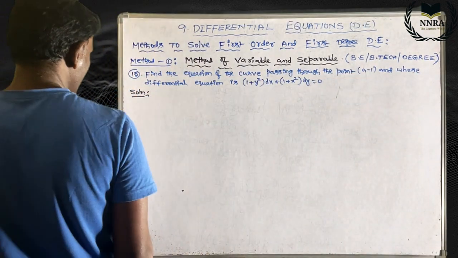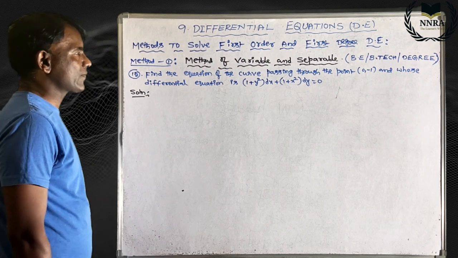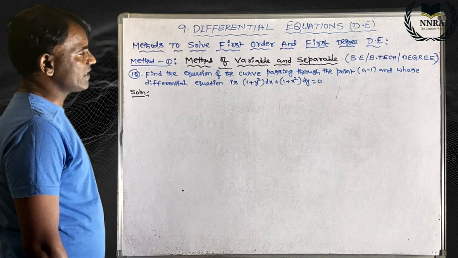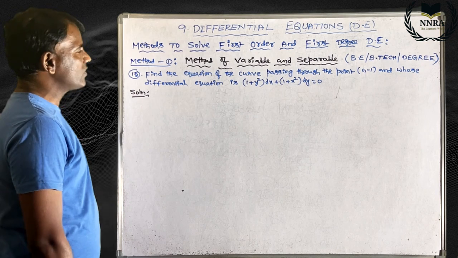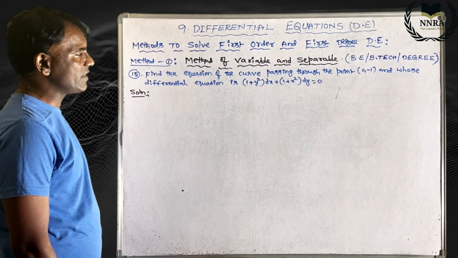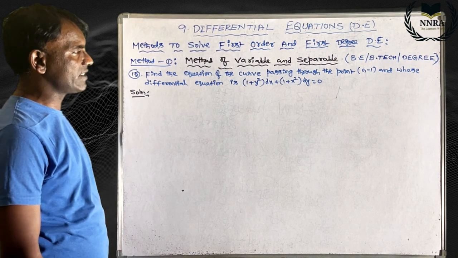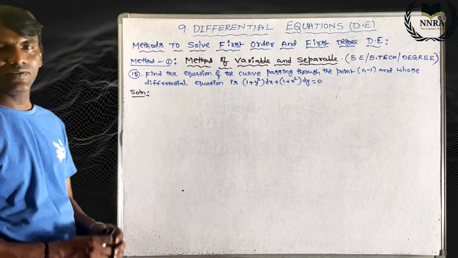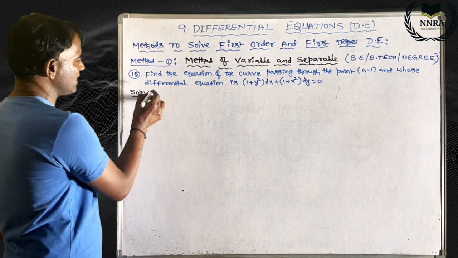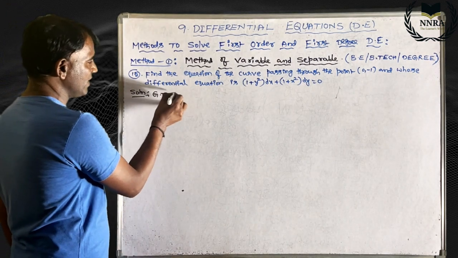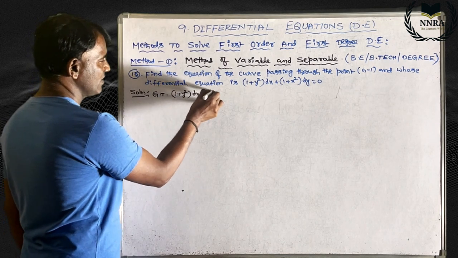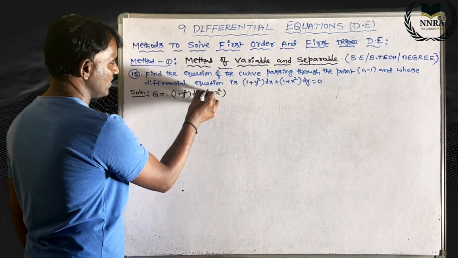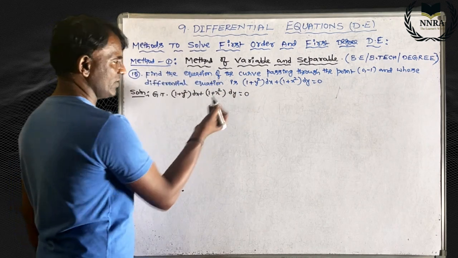Now this is the last question, that is question number 15. Find the equation of the curve passing through the point 0, minus 1, and whose differential equation is 1 plus y square into dx plus 1 plus x square into dy equal to 0. So first we write the given differential equation: 1 plus y square into dx plus 1 plus x square into dy equal to 0.